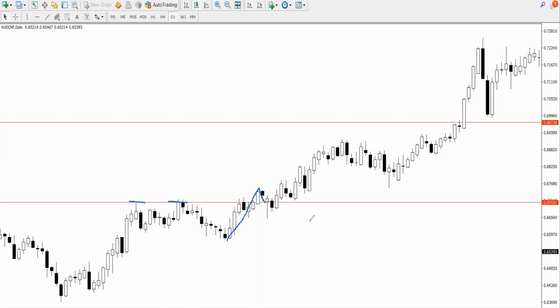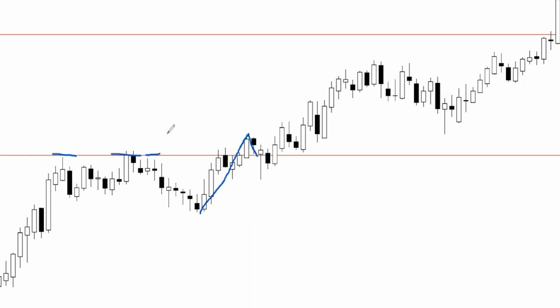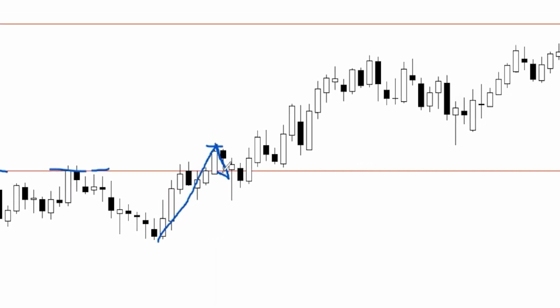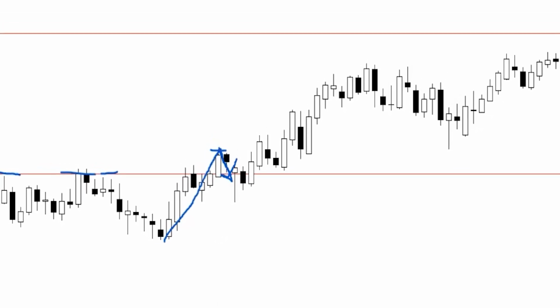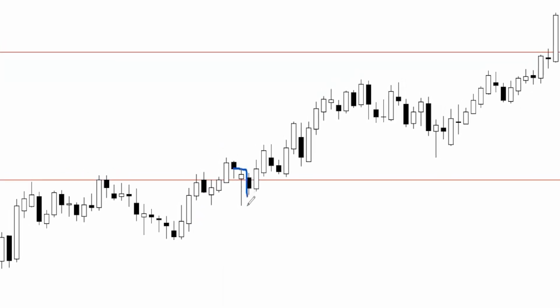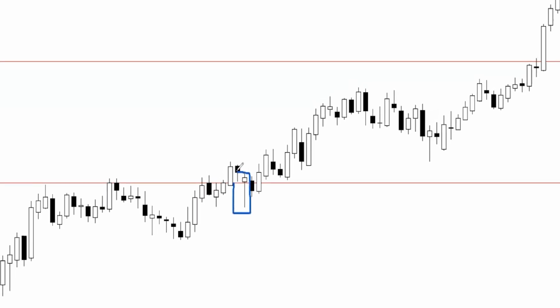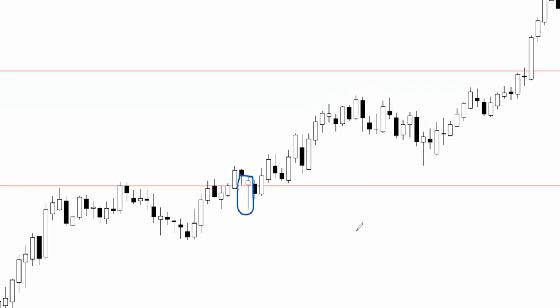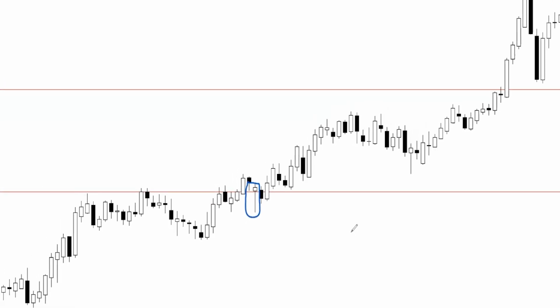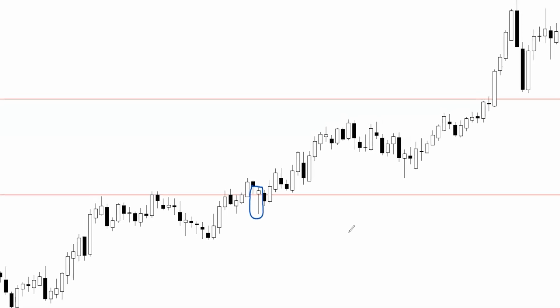So on this particular pair, we have an uptrend, price then stalled, going sideways. This is the top of the consolidation range. Price broke out of this range here and then reversed back into the body of the range, or the consolidation area, resulting in this single candle here, which is the most powerful of all the single candle formations or setups, being the reverse pin bar.